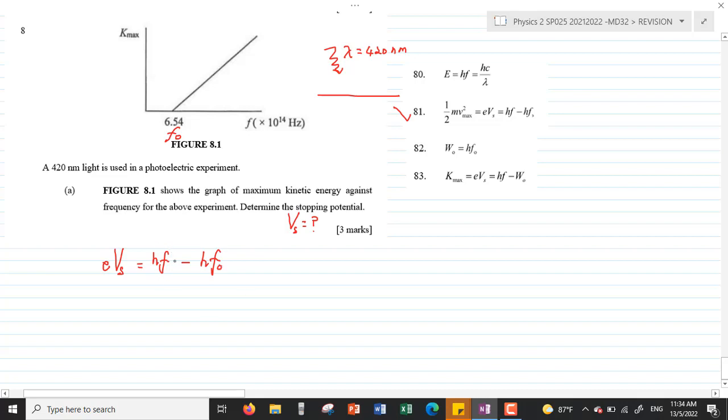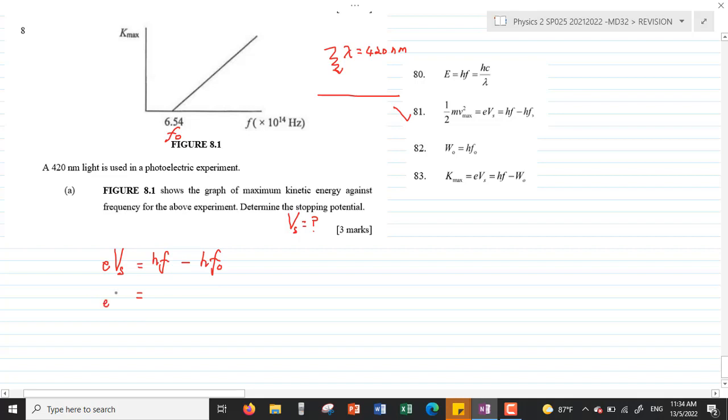The hf here refers to the energy of the light we use. So this hf can relate with the wavelength, whereby hf is hc over lambda. If you refer to equation 80, hf is actually equal to hc over lambda.